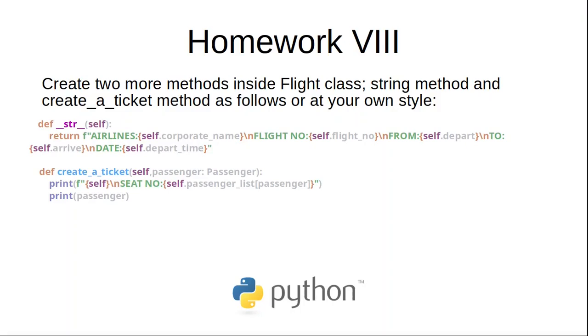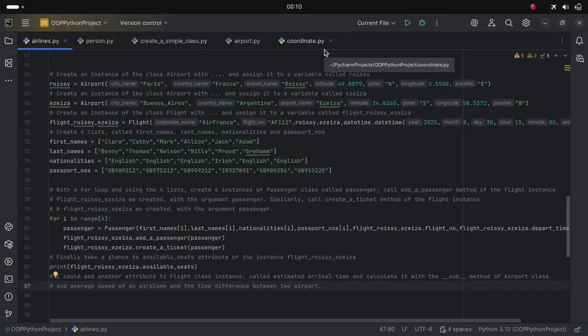Finally, create two more methods inside flight class, string method and create a ticket method as follows, or at your own style. I want to show you also what will give whatever we did up to now.